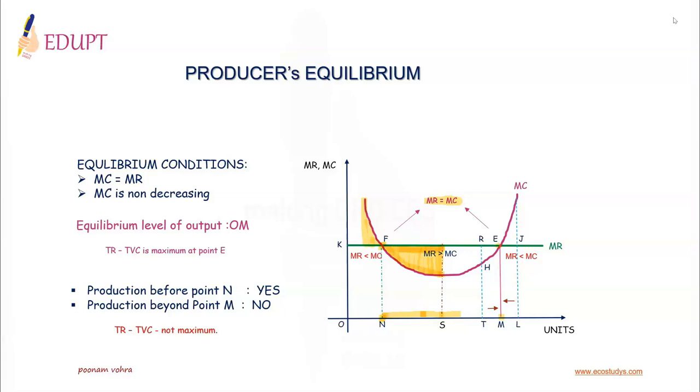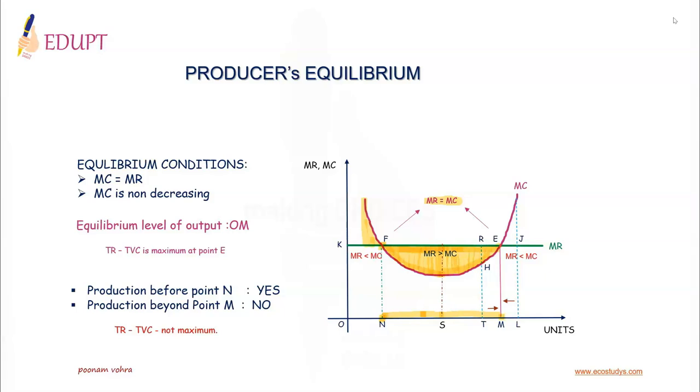So it moves towards the OM level of output, and he finds that till M is achieved, the producer continues to earn profit, though the profit gets reduced with every increase in the level of output produced.